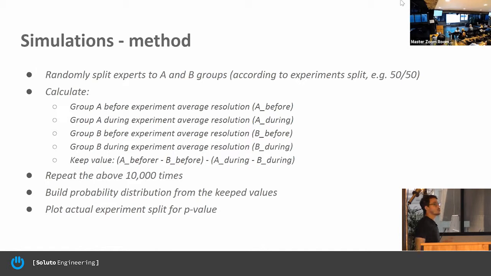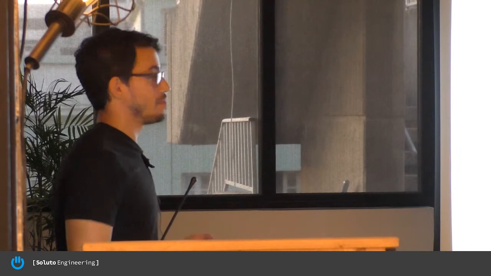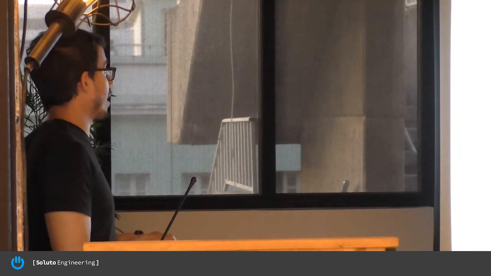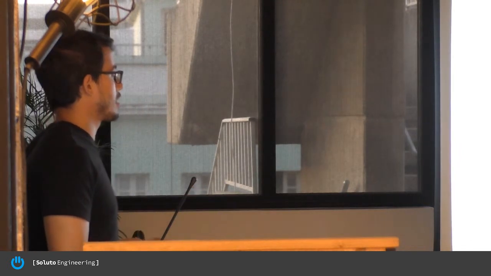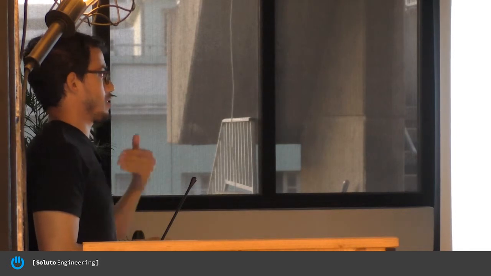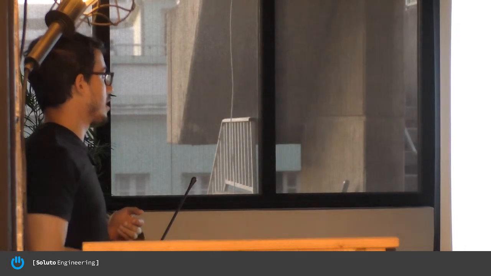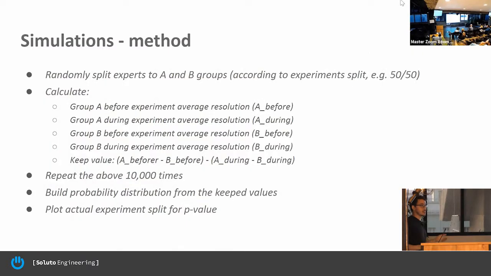Then for every group, we can measure the resolution rate before the experiment and during the experiment. Same for the B group. The new statistic we are using, the new value that we have at the end, is the difference between A and B group before the experiment minus their difference while the experiment is running. And repeating this process multiple times, 10,000 times in our case, and using this to build the distribution of this statistic.